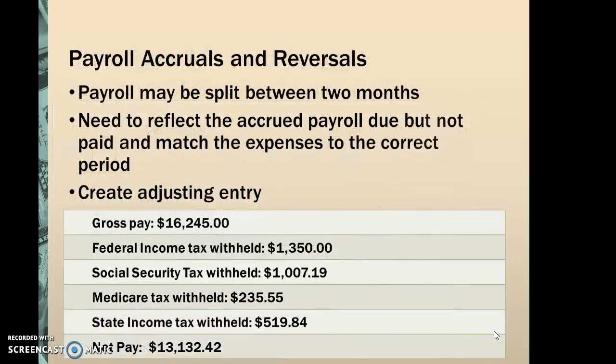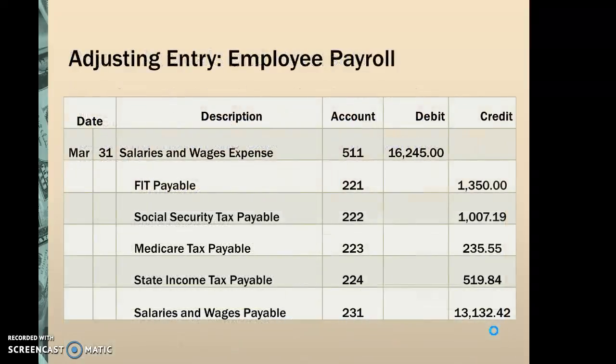Now, payrolls may be split in between 2 months. One thing that accountants must keep in mind is that it needs to reflect the accrued payroll due but not paid and match the expenses to the correct period. This is called the matching principle. Okay, so what we're going to do here, which is covered on page 212 in your book, is to create an adjusting entry.